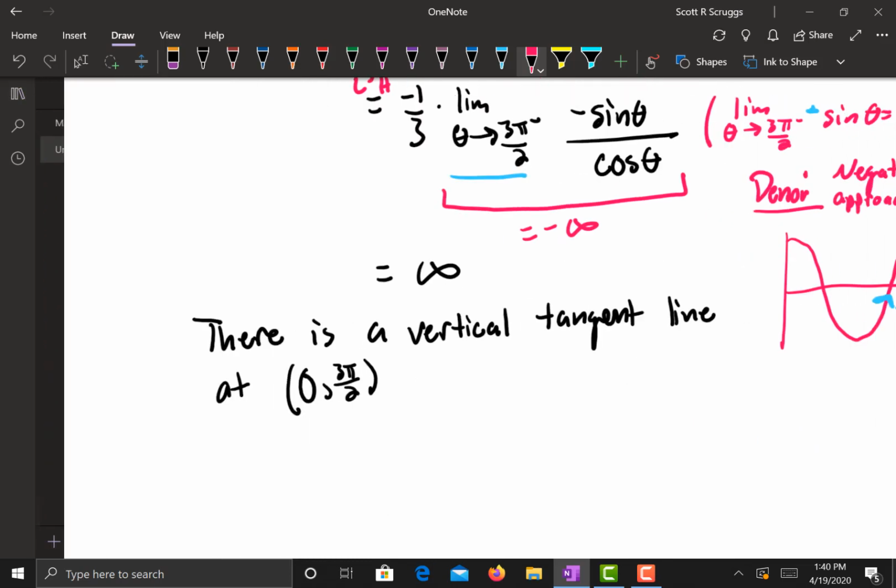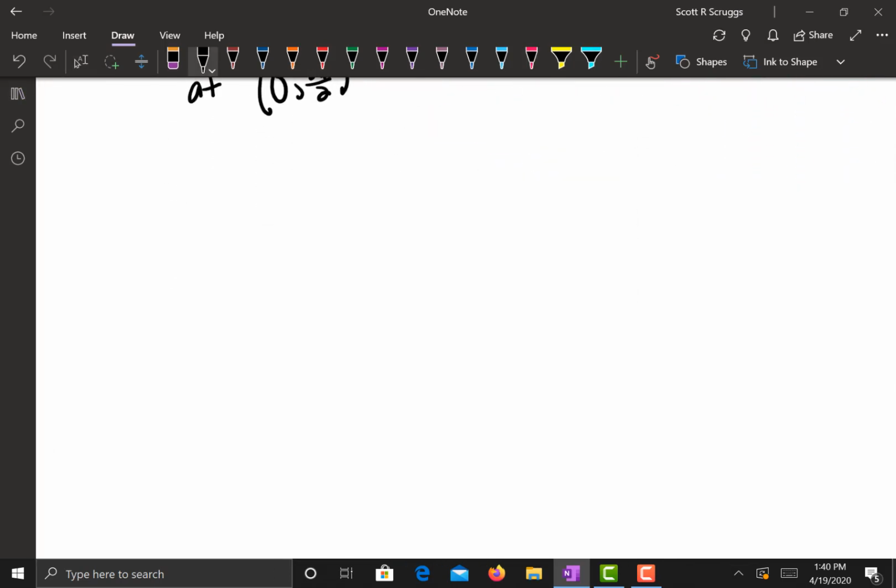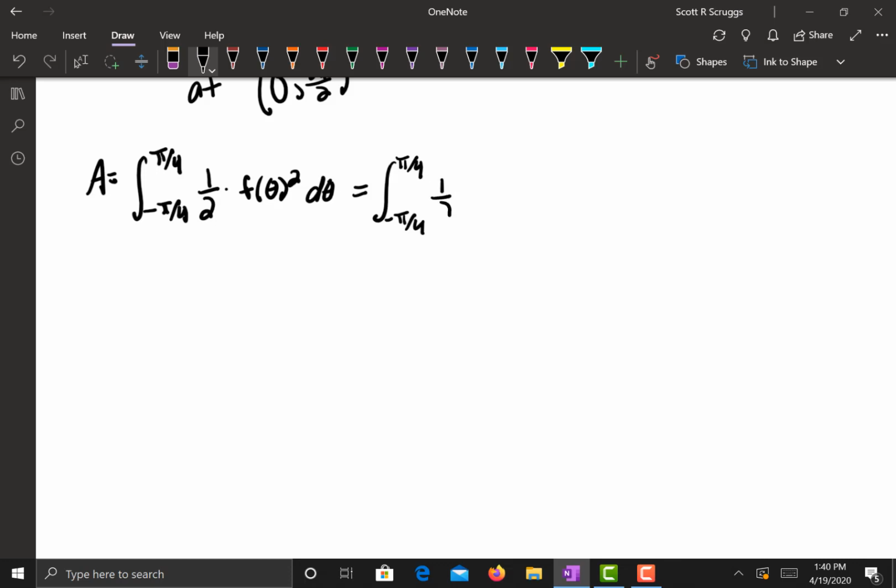And let's do our work over here. Alright, so now we're going to take our area, and we're going to take the integral of negative pi over 4 to positive pi over 4, 1/2 times our function for the polar curve squared, times cosine squared of theta d theta.